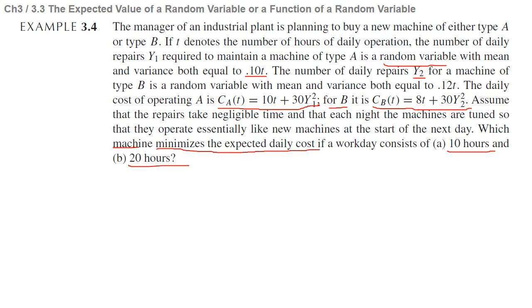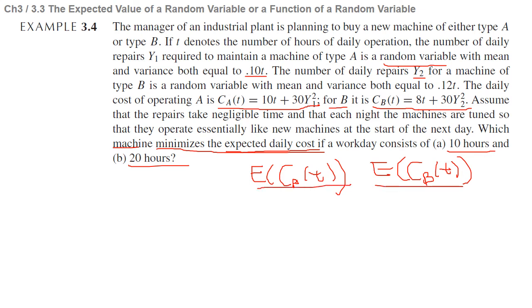So what we need to get is the expected daily cost, which is E[C_A(T)] for machine A, and for machine B it's E[C_B(T)]. So what you need to calculate is this one and this one, compare the cost for 10 hours and 20 hours, and answer the lower number.